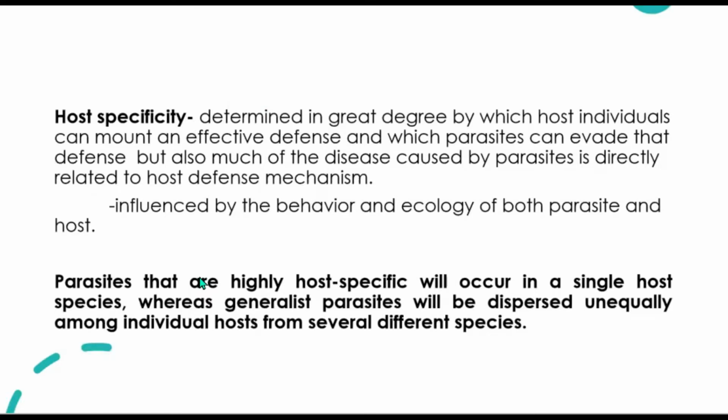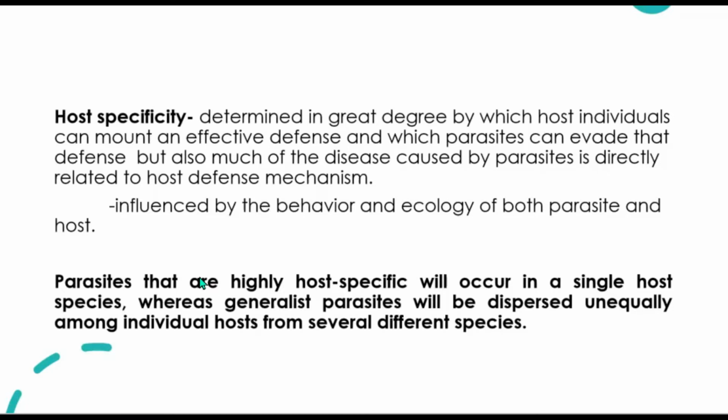And then compared to the general parasite species, they will be dispersed unequally among individual hosts from several different species. So, right, certain parasites need different types of hosts for their life cycle.